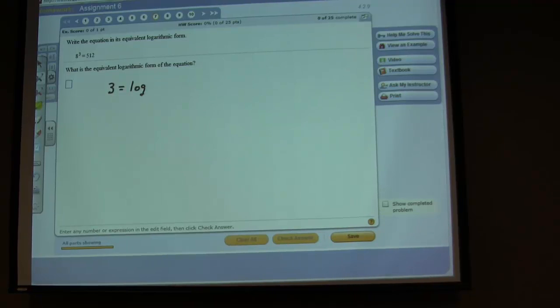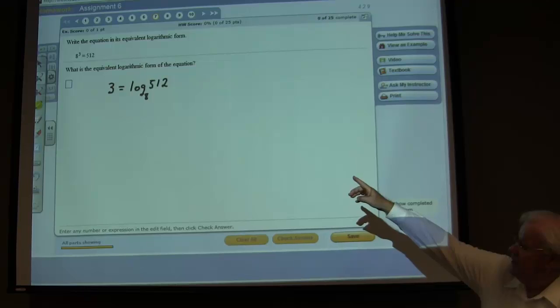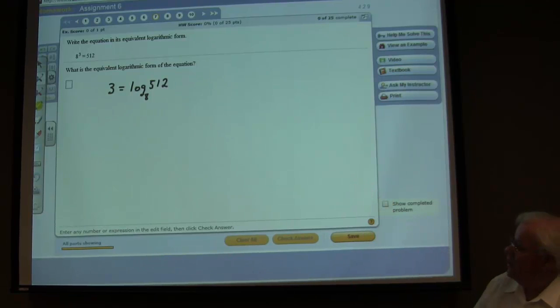Now what's the base? Well, the base is the thing that's being raised to an exponent. So that must be the 8. And all that's left is the resulting number, 512. So there you see an exponential rewritten as a log.